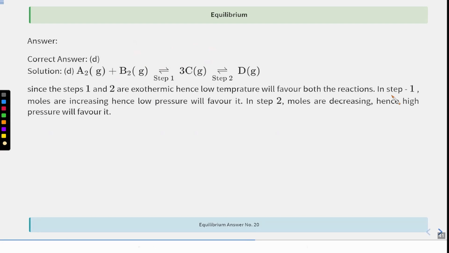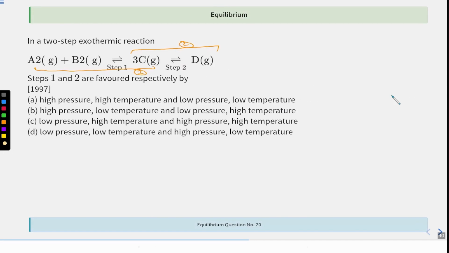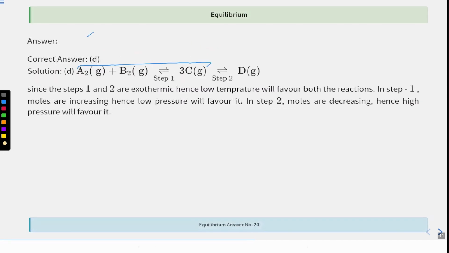So here's the thing, just listen to this. Step one, you can see, is this part of the reaction, and they have told me that this is an exothermic reaction. So I'm going to write here that delta H is less than zero, negative. If it is an exothermic reaction, think of it like this: A plus B gives rise to C, and this will give out a lot of energy.